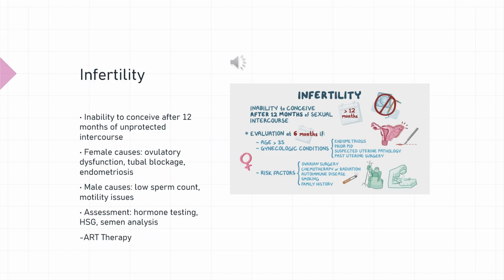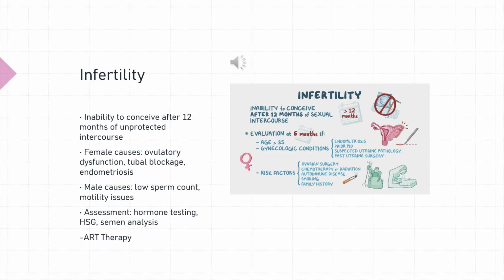Some medications that they can use would be things like metformin to help with PCOS, hormone therapy for patients who are low in estrogen or testosterone, or medications that help to stimulate ovulation. There are procedures that can help with decreasing infertility and lead to pregnancy.